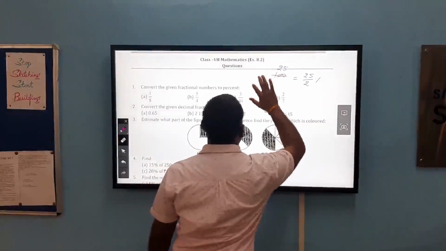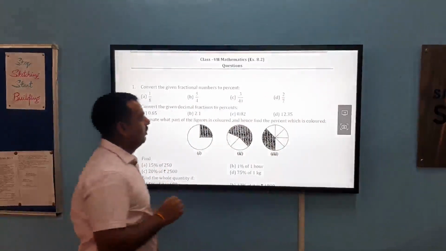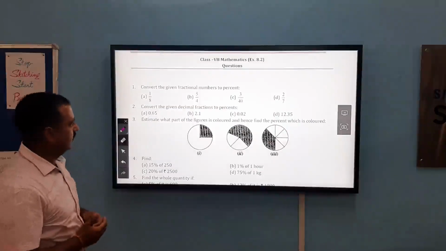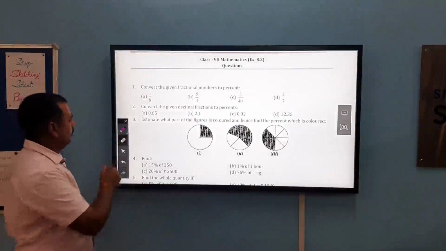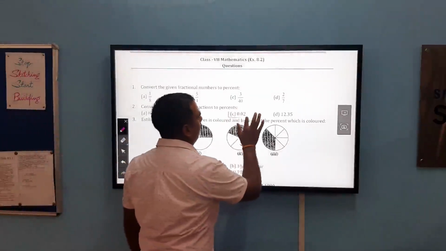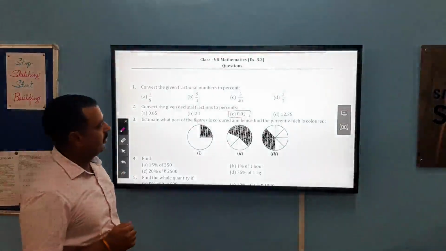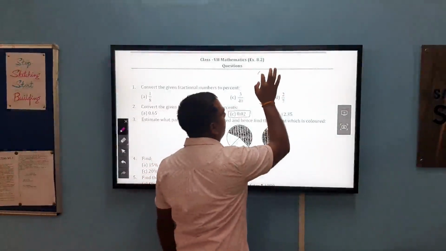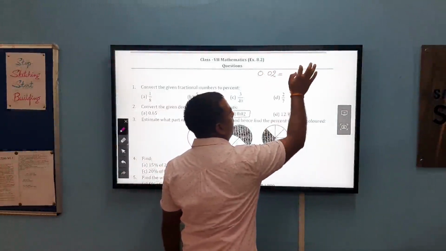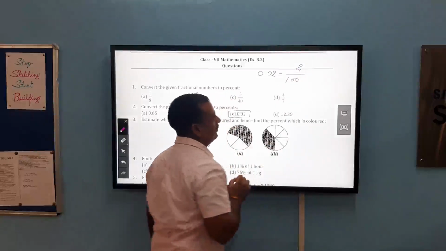Now the question number 2 is convert the given decimals to percents. So we adopt the same procedure as like fractions. Let us take one example from this also. If you want to convert 0.02 into percentage, so first of all we write 0.02 in the fractional form like that: 2 upon 100.